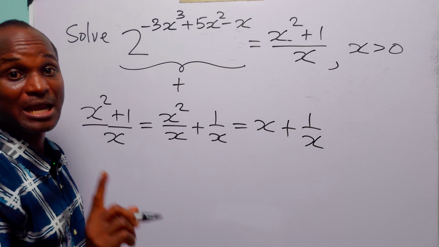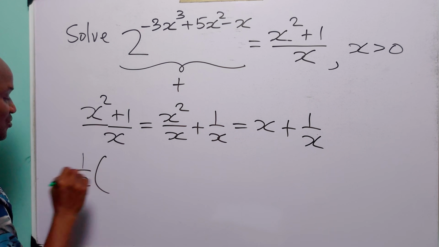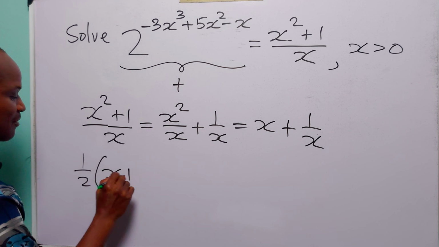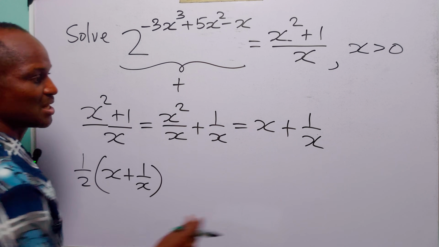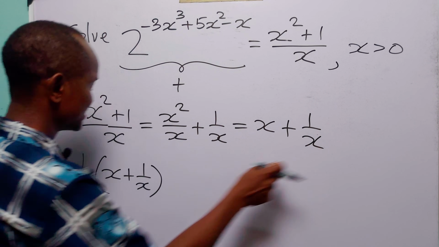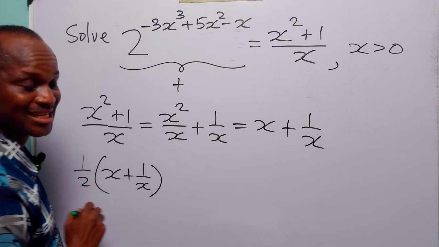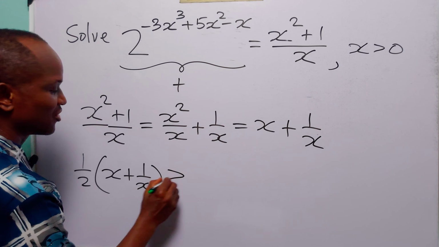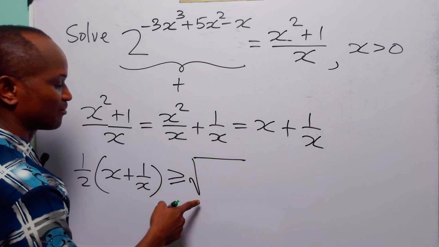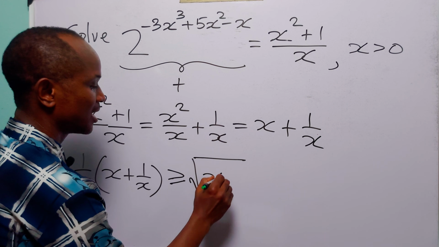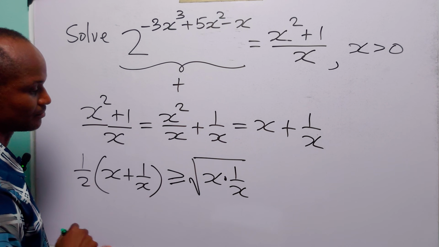So from the AMGM inequality, we have that 1 over 2 times x plus 1 over x. Remember, arithmetic mean is this plus this divided by 2. That is the number of terms. This must be greater than or equal to the geometric mean, which is the square root of x times 1 over x.